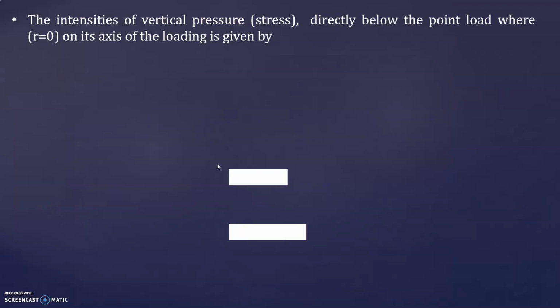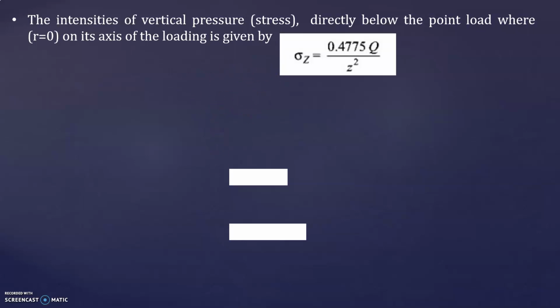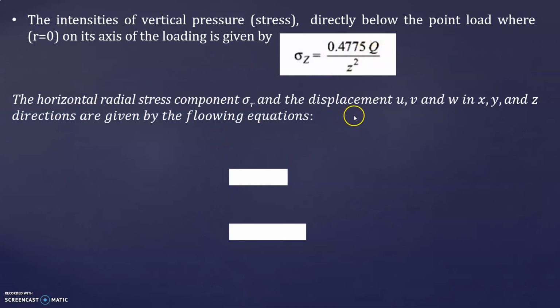The intensity of vertical pressure or stress directly below the point load, where R equals 0, on its axis of the loading, is given by this formula: sigma Z is equal to 0.4775 Q divided by Z square. How is it? Because now R equals 0, then the R divided by Z ratio becomes 0.